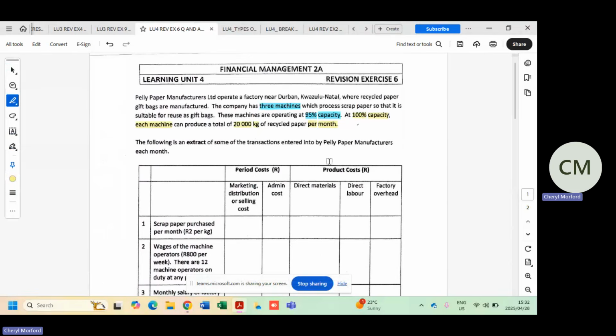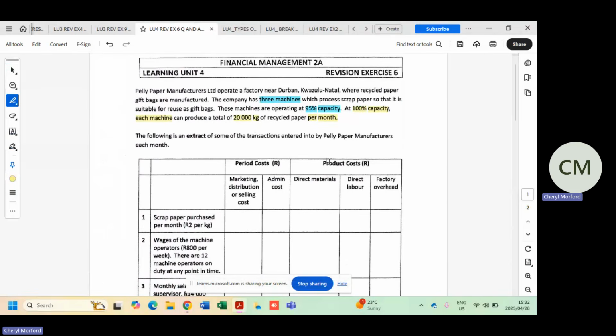Right, so now we are going to decide whether something is a product cost, and how do we know if it's that? It can either be a direct material, direct labor, or a factory overhead. Just a reminder again about the components of the factory overheads: indirect material, indirect labor, and lastly, manufacturing overhead.